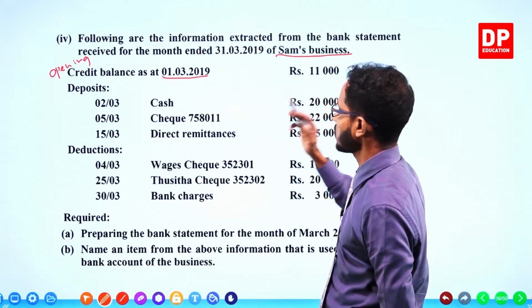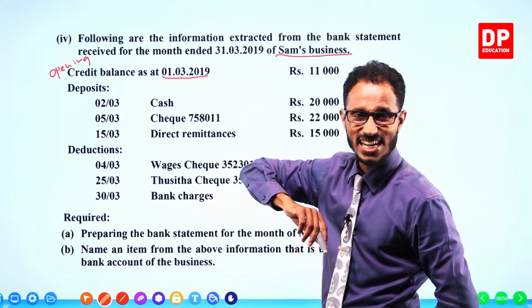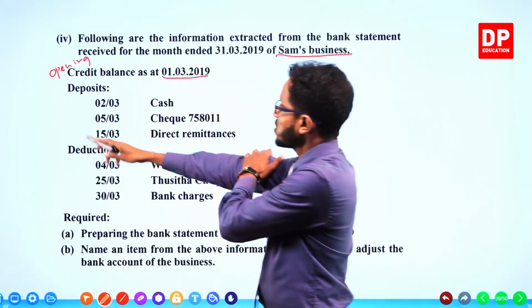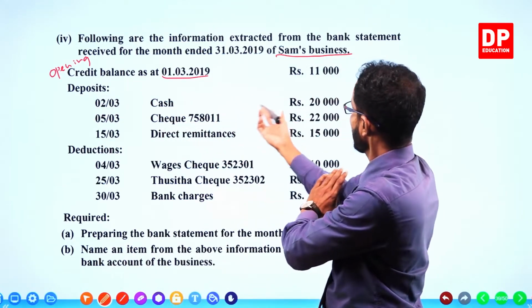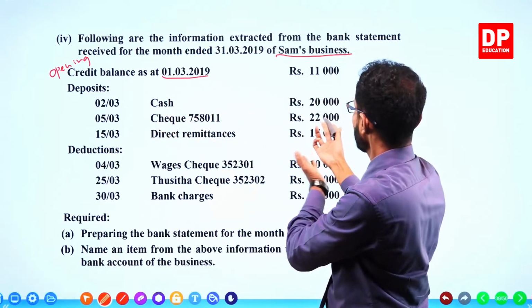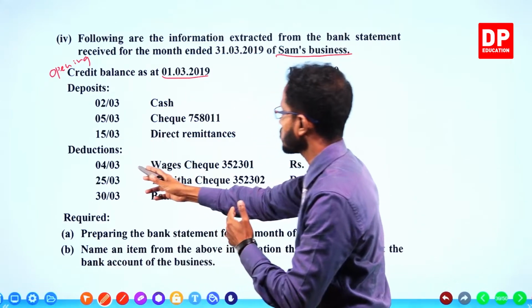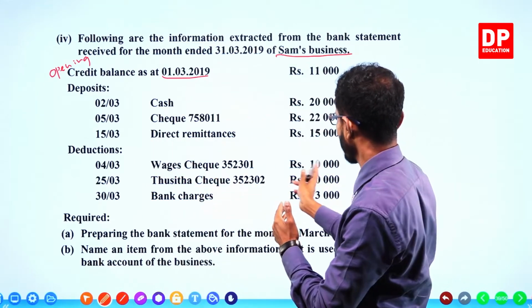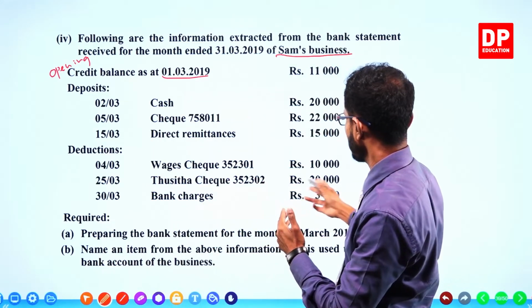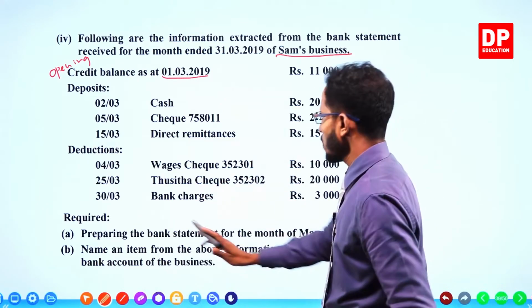Because of that, you have to realize that is the opening balance. Deposits, we have 20, 22, direct remittances 15. Then deductions, we have wages paid, this check, bank charges.